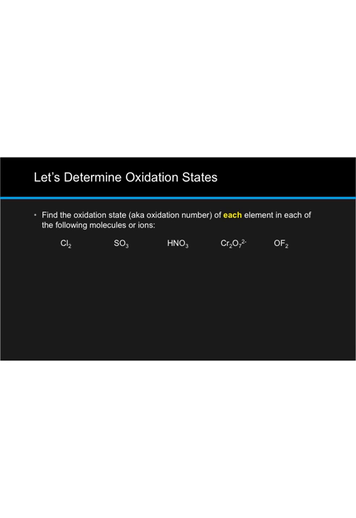So, as a review, let's assign oxidation states to each element in each of the molecules or compounds that are listed on this slide. Firstly, in diatomic chlorine, our rules of assigning oxidation states say that all of the atoms of the same type in a compound generally have the same oxidation number.